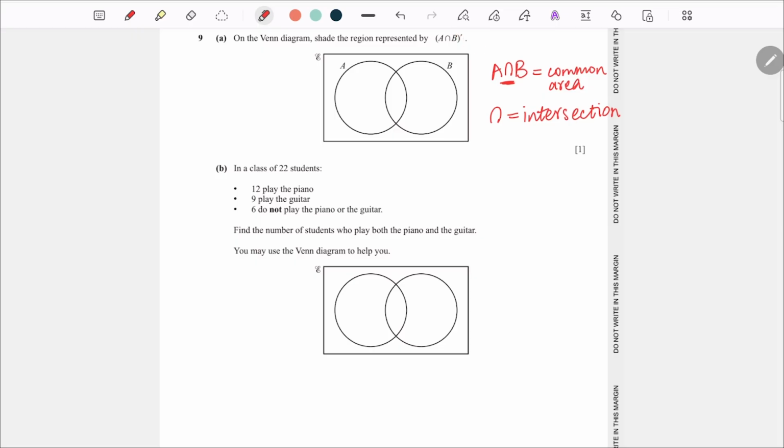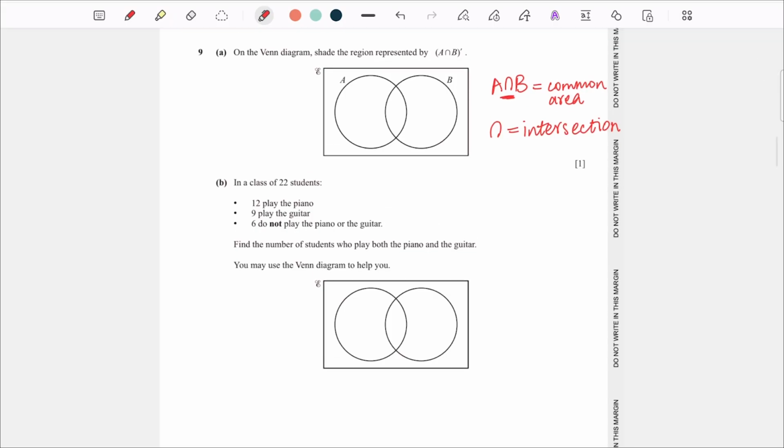Complement means everything outside of A intersection B. So we'll be shading the entire diagram except for this small part. So this will be the final shading.